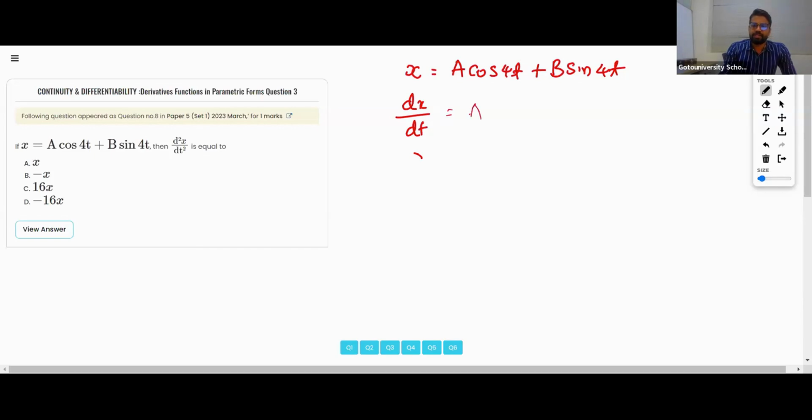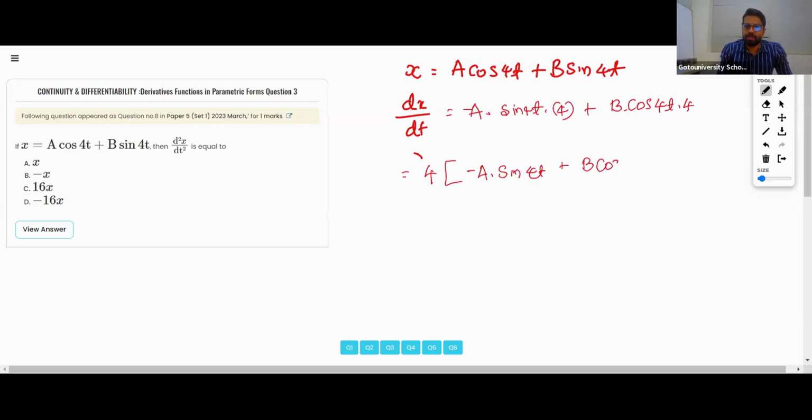If you differentiate, a remains as it is, cos 4t will become minus sine 4t into 4 plus b as it is, sine 4t differentiated is cos 4t into 4. So let us take this 4 outside. It is minus a sine 4t, right, plus b cos 4t because we have taken 4 outside.